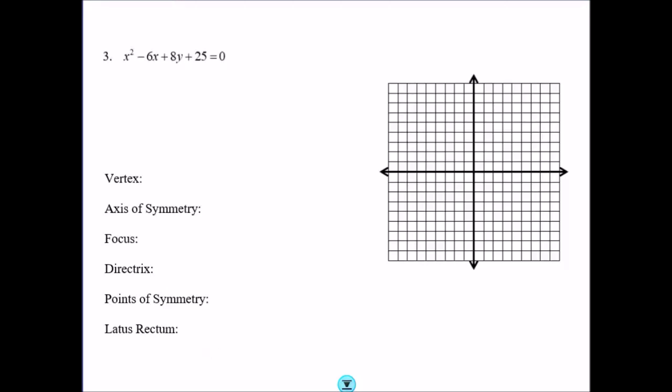So let's start with our x terms on the left and all the other terms on the right. Now we need to complete the square, which means we have to do b divided by 2 squared, which will be 9, and we need to add 9 to both sides.